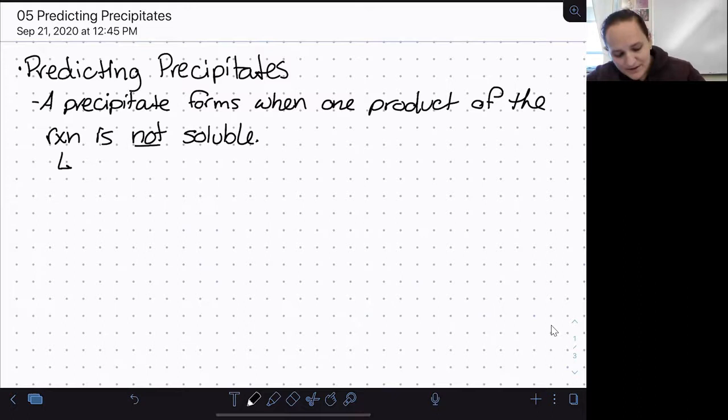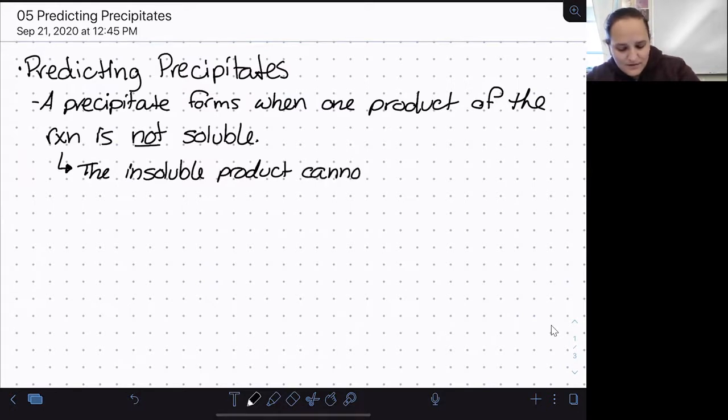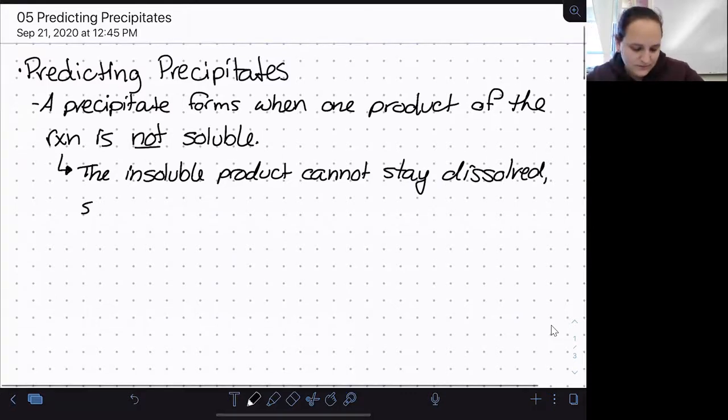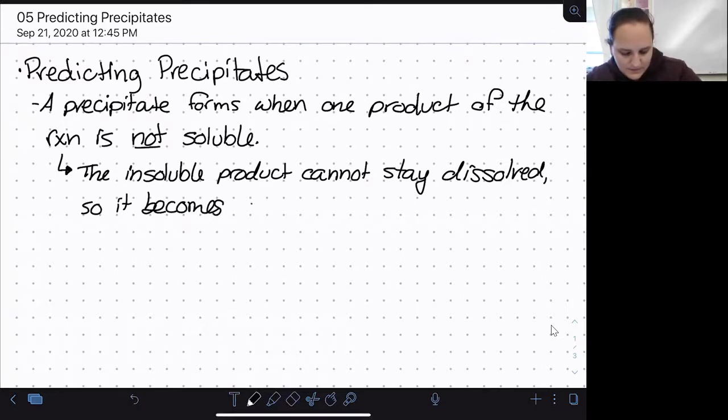So the product that is insoluble cannot stay dissolved, so it turns into a solid. We can predict the solubility behavior of a compound based on the ions involved.